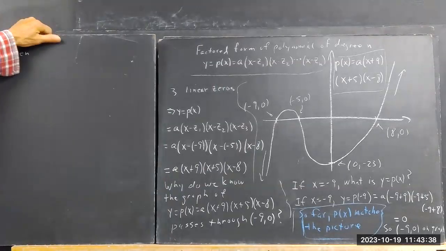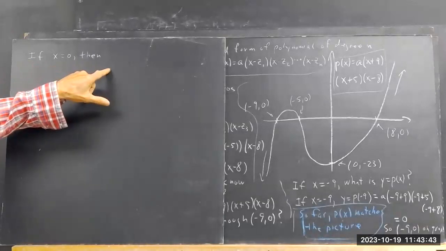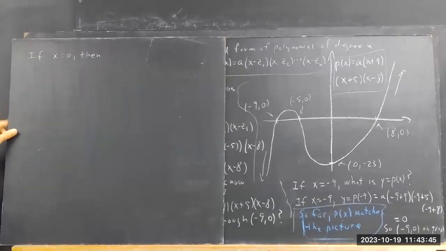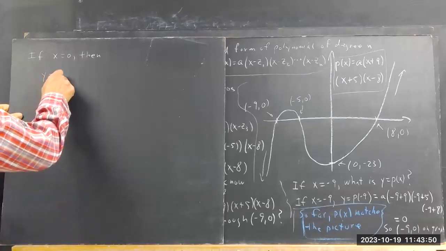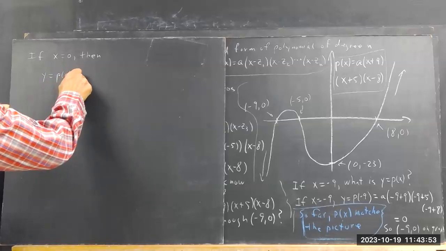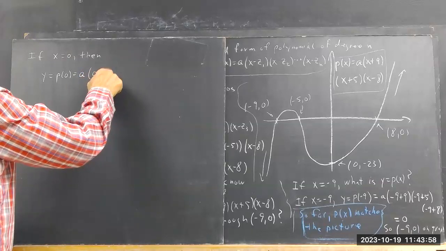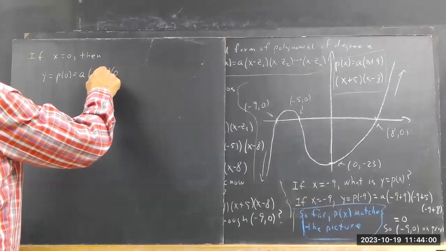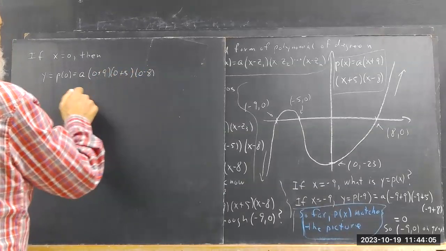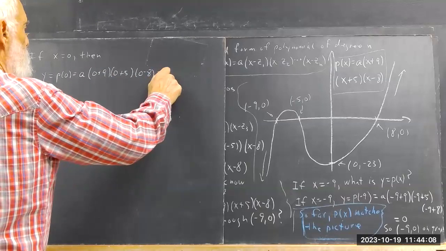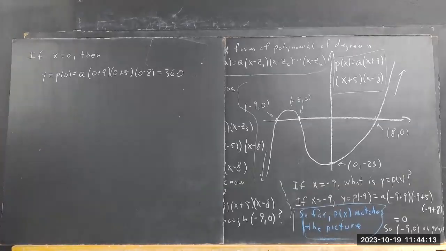Okay, so think about this. Now, if I write down the logic, if x equals 0, then, okay, there are two things that we can say. Then y equals P of 0, in the case of my function, is a times 0 minus 9 times 0 plus 9, 0 plus 5 times 0 minus 8, which is, I multiply it out, I think it's negative 360, pretty sure.